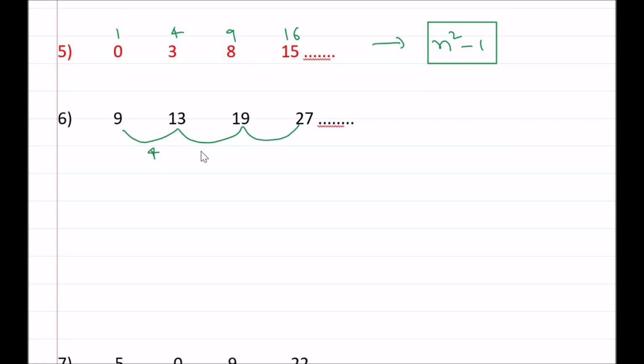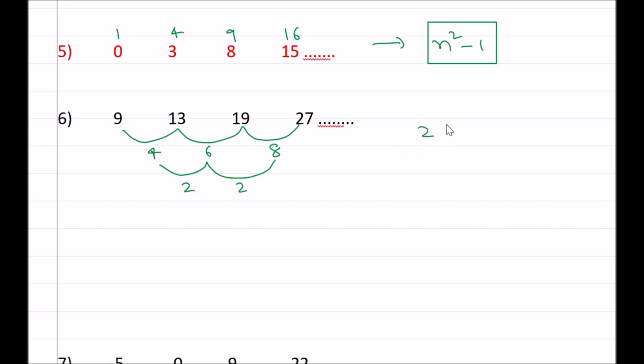9 plus 4, 13. 13 plus 6, 19. 19 plus 8, 27. Now the first difference is not equal, so we will go to the second difference. Now 2, 2. So they are equal, right? Whenever we get the second difference equal, we take the second difference divided by 2.